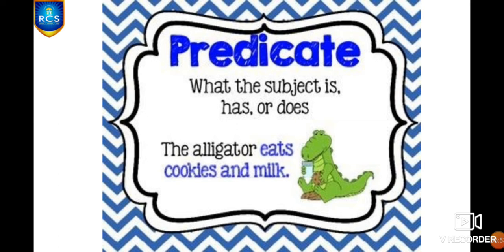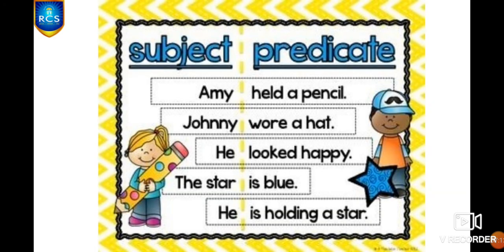What action the particular subject is doing, or what is mentioned in the sentence other than the subject, we call it the predicate. For example, the alligator eats cookies and milk. Here, eats cookies and milk is the predicate. And see some more examples here, children. Amy held a pencil.